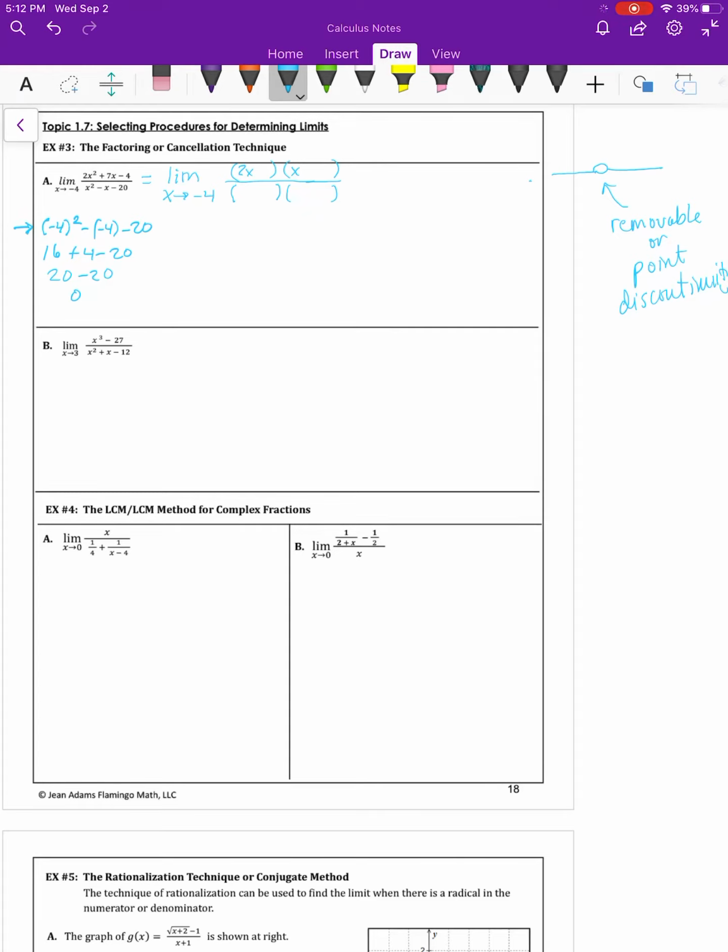And the limit will exist. Okay, because as you approach it from the left and as you approach it from the right, it's going to be going to the same value, okay?